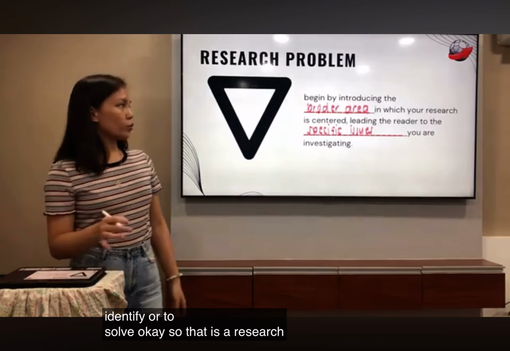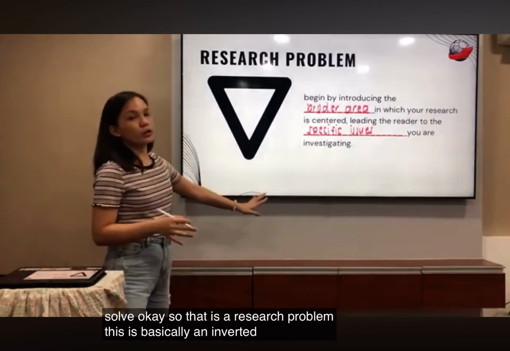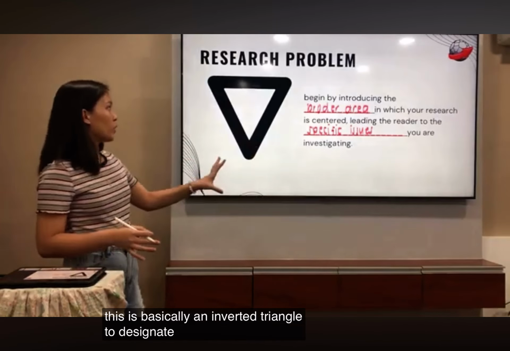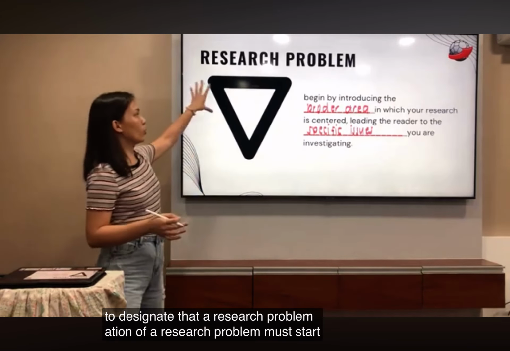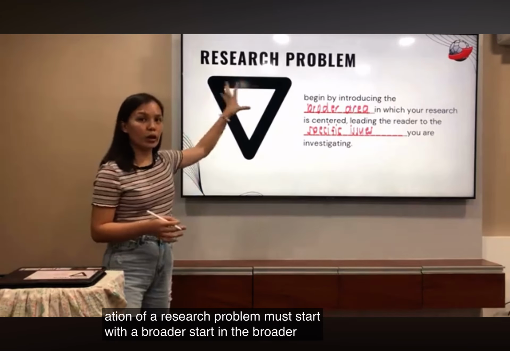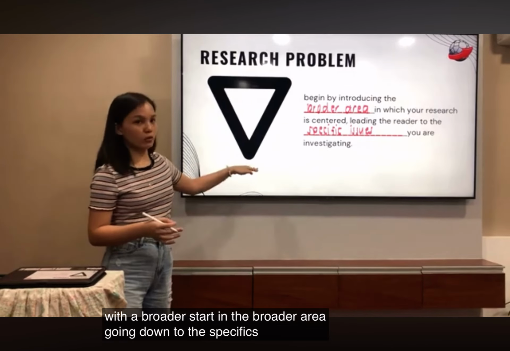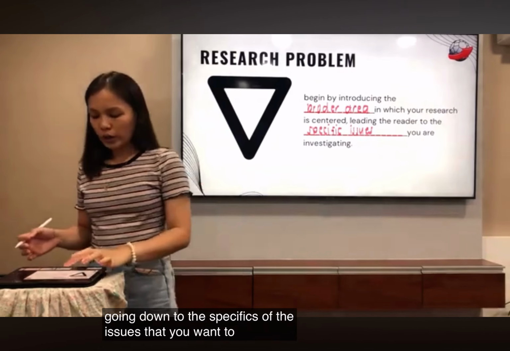Okay, so that is a research problem. This is basically an inverted triangle to designate that the presentation of a research problem must start with a broader area, going down to the specifics of the issues that you want to deal with.